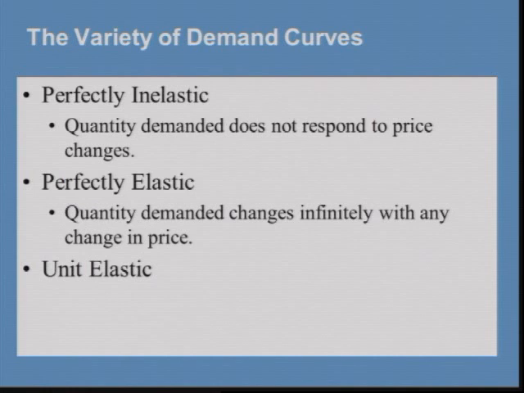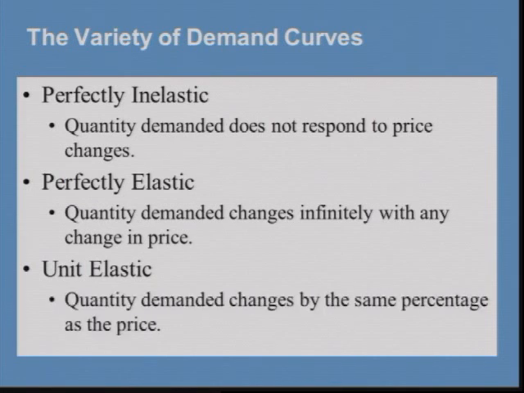We have these special cases where, and we'll look at some graphs next, but we have special cases where demand for a product is perfectly inelastic. That means the quantity demanded doesn't change at all. And so you might think of maybe somebody's heart medicine or insulin medicine they absolutely have to have no matter what the price changed.